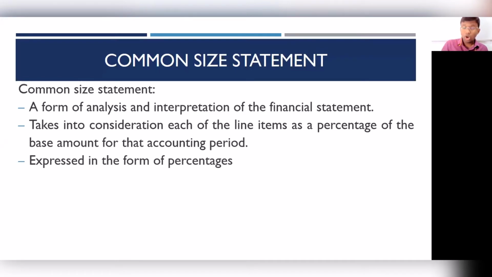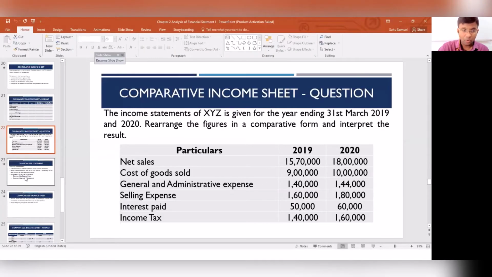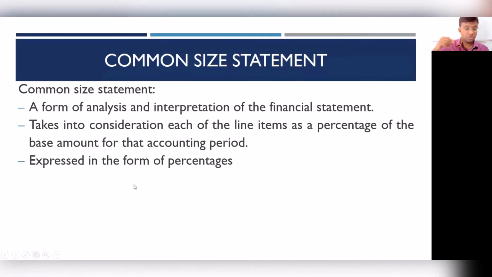In a common size statement, all the items that you would like to evaluate are expressed as a percentage. So you're bringing it down to a common basis for you to carry out your evaluation.